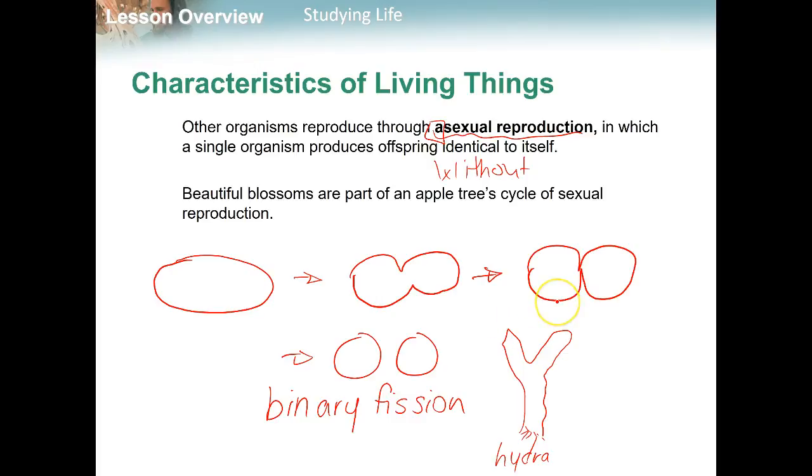And it has these little tentacles on the top. And it actually moves by doing cartwheels. Well, it reproduces by producing a little bud off to the side. And this bud will actually fall off and go down to the bottom and become a new hydra. That's asexual reproduction.